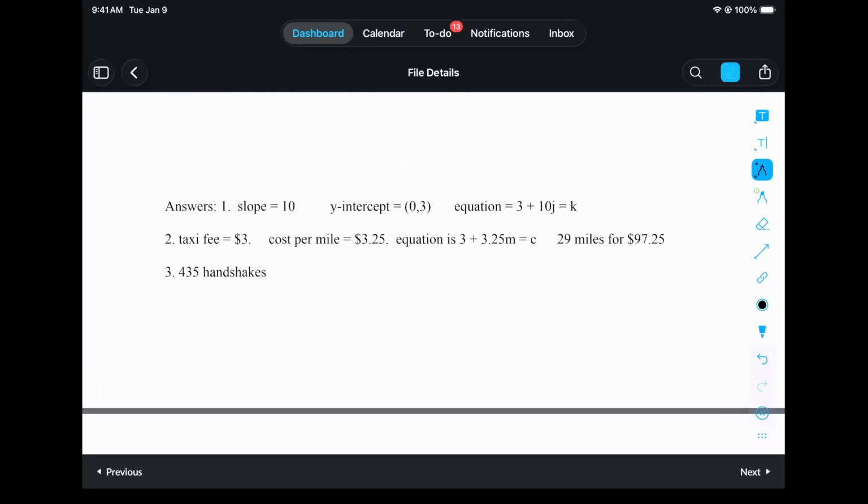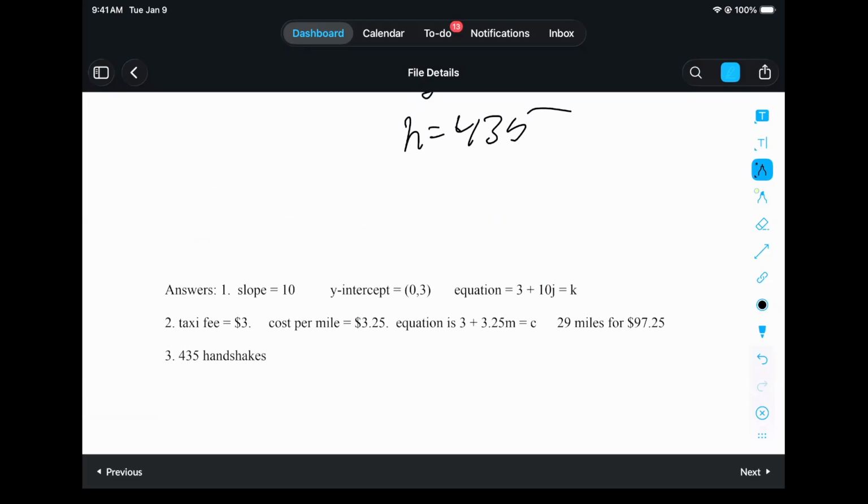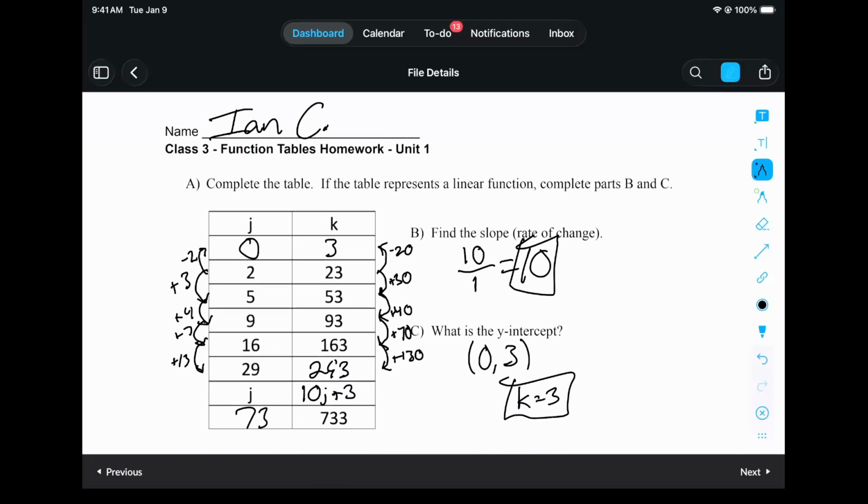All right, these were the answers as well. I could have done M and C for the variables, you can kind of see there. But yeah, that was class 3 homework. That was the function tables.